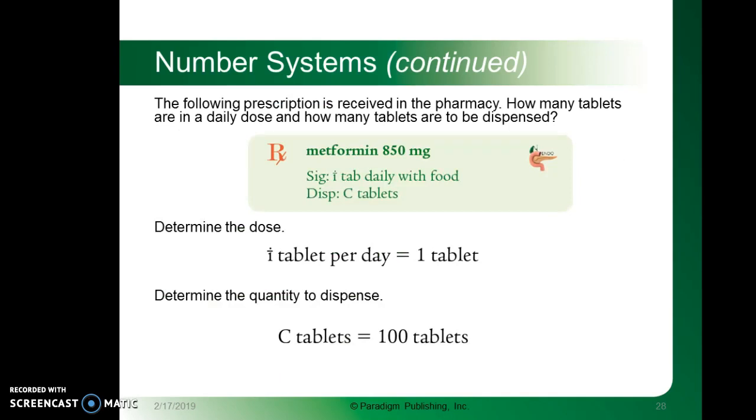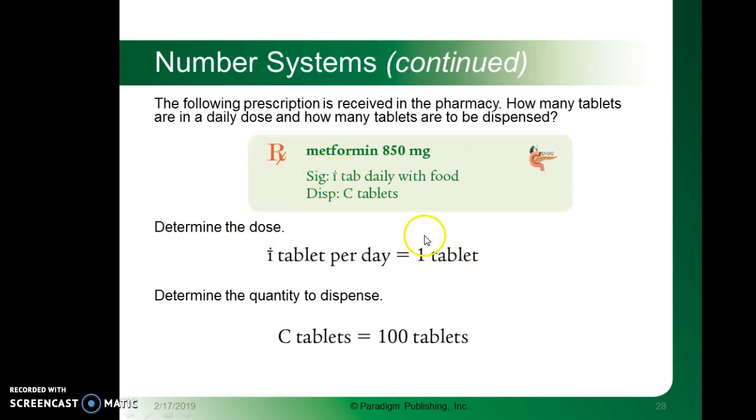So the following prescription is received in the pharmacy. How many tablets are in a daily dose and how many tablets are to be dispensed? You have a prescription: metformin 850 milligrams. The sig says i tab daily with food, dispense C tablets. So determine the dose. What does the lowercase i signify? 1.